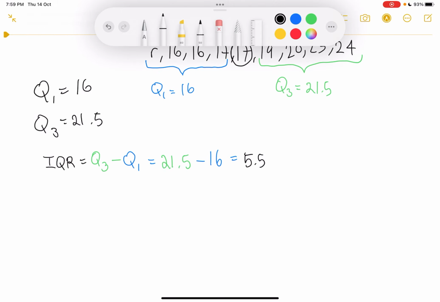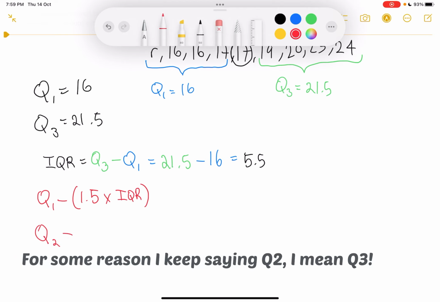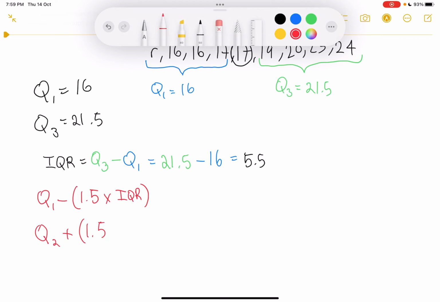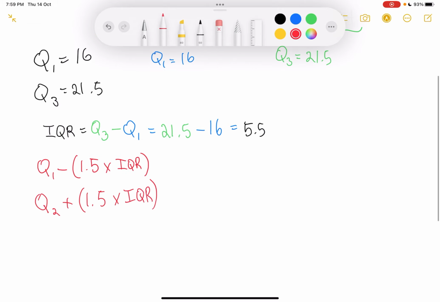And the formula for that is, I'll do it in red, it's either quartile 1 minus 1.5 times the IQR, or for the upper boundary, it's quartile 3 plus 1.5 times the IQR. So let's just plug in every value that we've calculated so far.